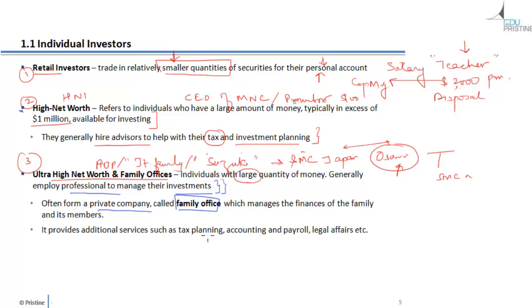It provides additional services such as tax planning, accounting, payrolls, etc. So the family office becomes a one-stop shop solution for all their needs. These three broadly are the different types of individual investors: retail, HNIs and ultra HNIs.